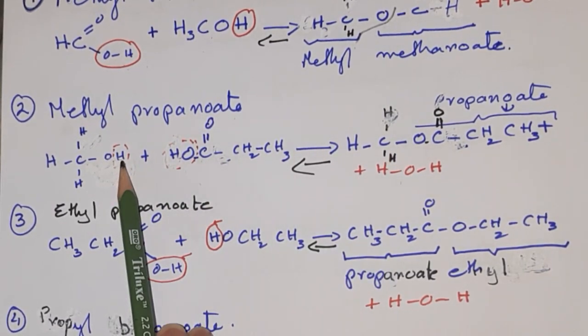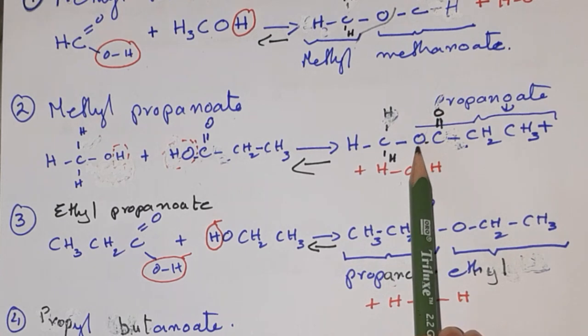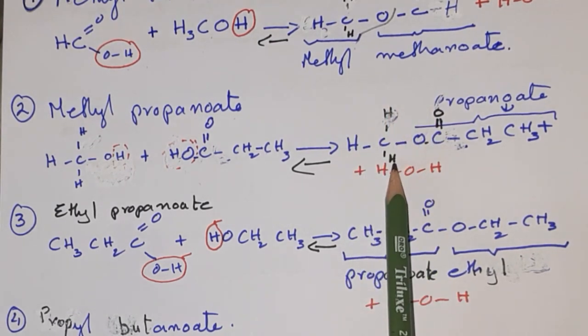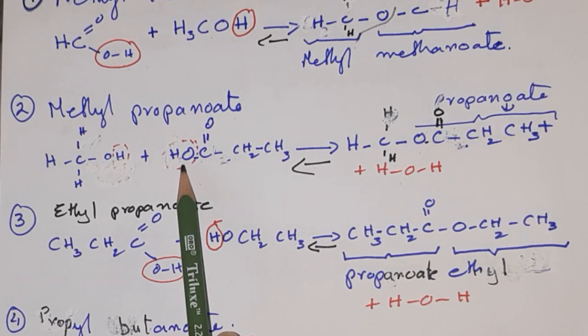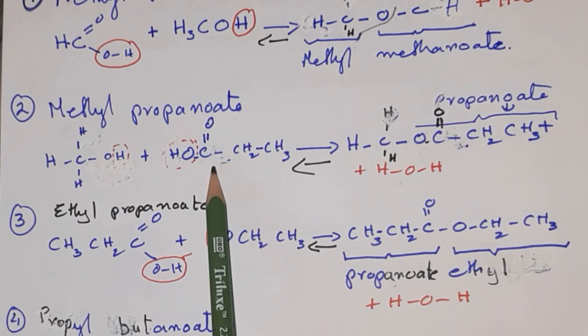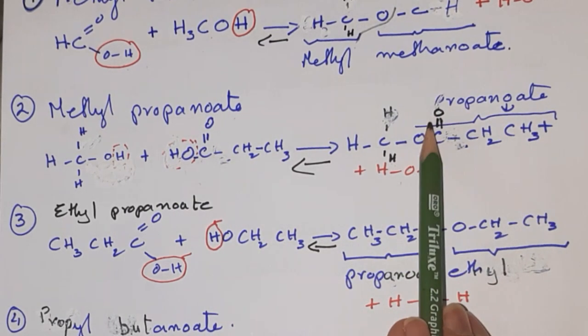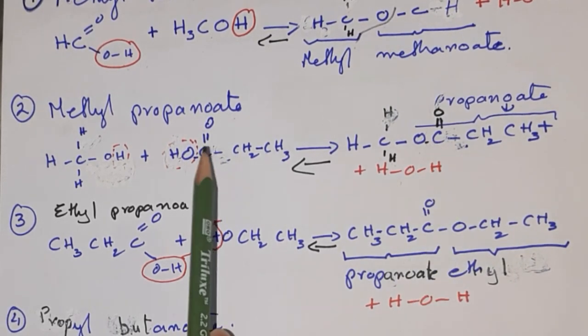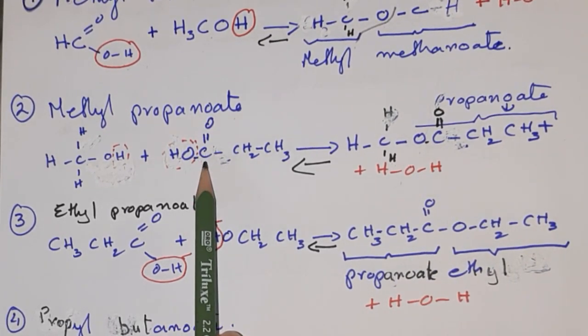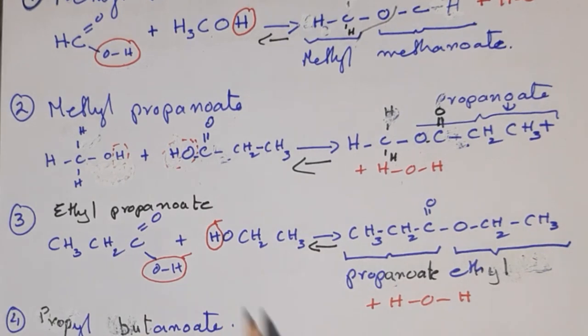When H is removed, this much portion of the alcohol is left, CH3 and O. When OH is removed from the propanoic acid, this part of the propanoic acid remains. So the bond is actually formed between C double bond O and O.